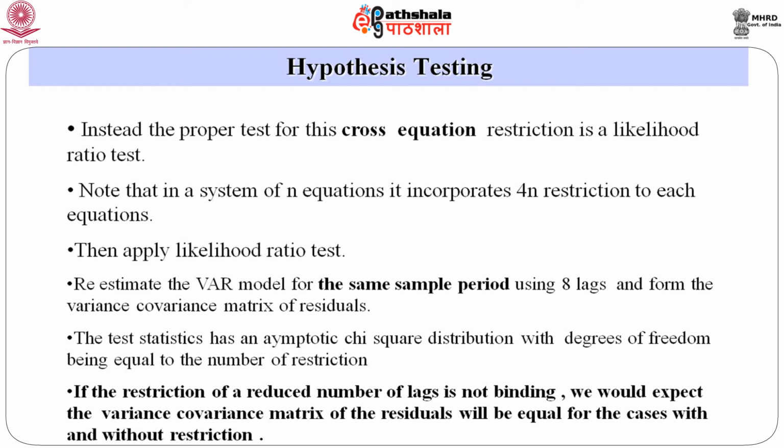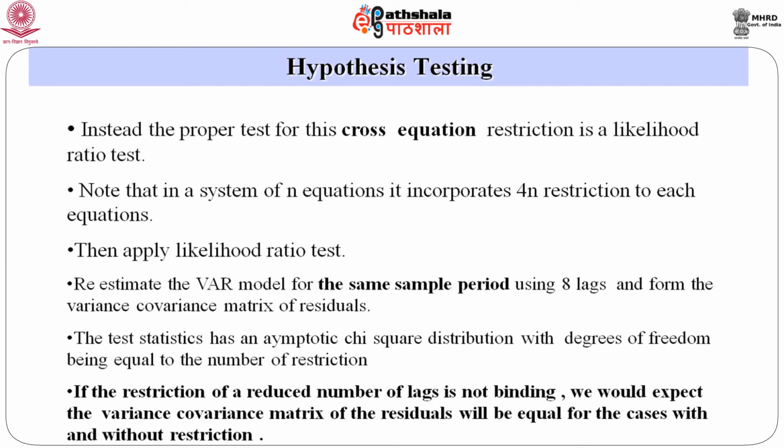Note that in a system of n equations, it incorporates 4n restrictions. Then apply the likelihood ratio test: re-estimate the VAR model for the same sample, mind it, for the same sample, using 8 lags, and obtain the variance covariance matrix of residuals.